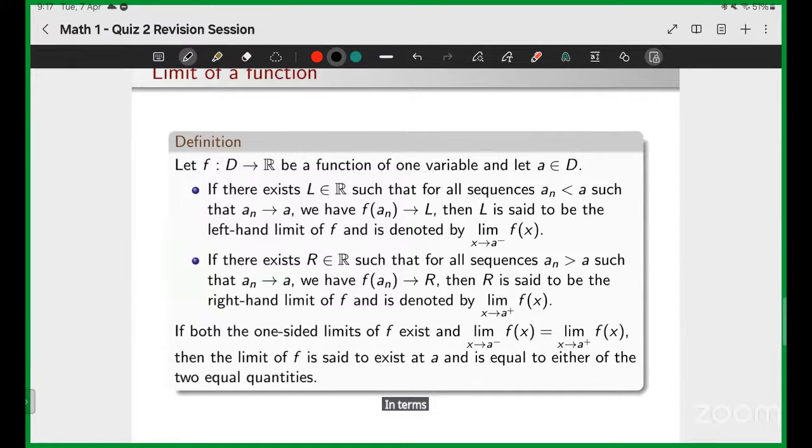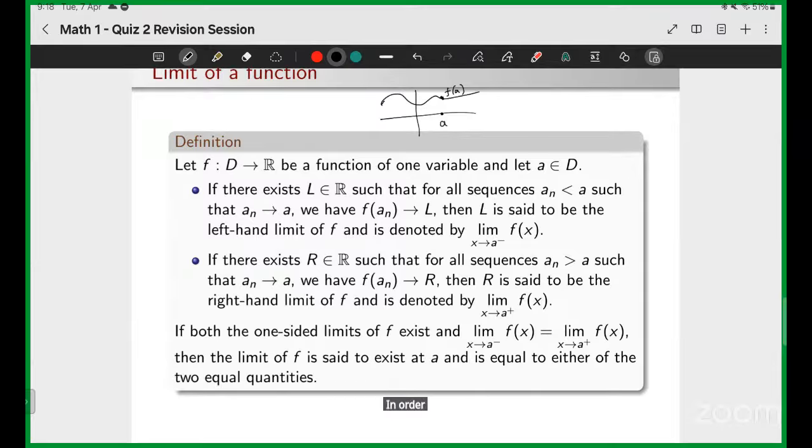Now, if I have a function and at some point a, let me draw a small graph of the function. Let's say the graph is something like this. This is f of a. Now, this is obviously a continuous looking function.